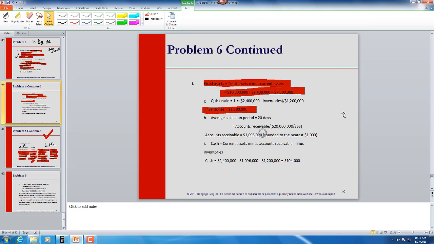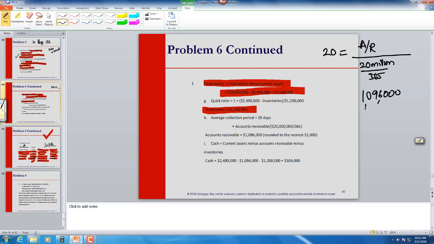So we know 20, we are told, is the average collection period, is accounts receivable by 20 million divided by 365. Solving for accounts receivable, you get 1,096,000, when you round it up here.